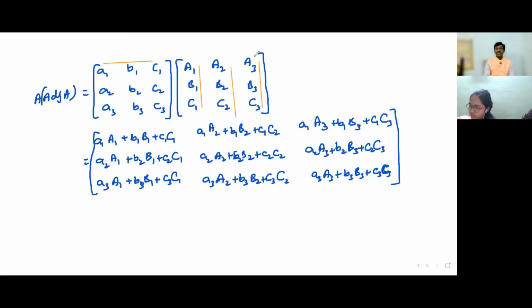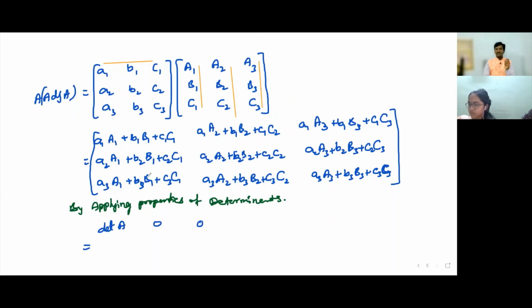Okay, so here by applying properties of determinants, the first one, whenever we have A1 and cofactor of A1, B1 cofactor of B1, C1 cofactor of C1, that is the value of det A. Others are 0.